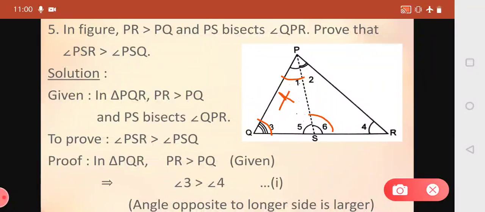It is seen clearly in the figure that angle 6 is the exterior angle. So, the exterior angle is the sum of the opposite interior angles. You can see in the figure that 1 and 3 are the opposite interior angles of angle 6. So we write angle 6 equal to angle 1 plus angle 3.